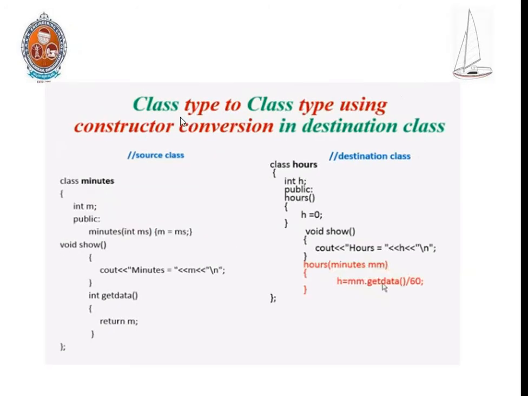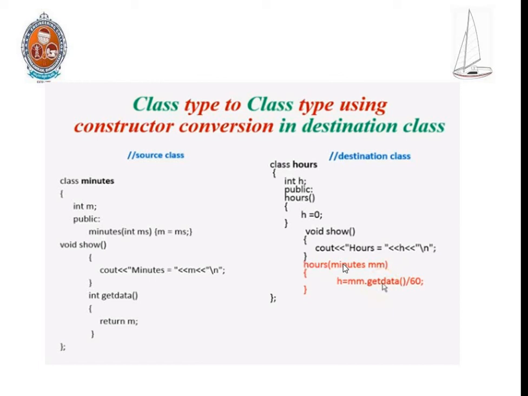And this is the example for class type to class type using constructor conversion in the destination class. In this other way, we have created a source class that does not have any typecasting function.